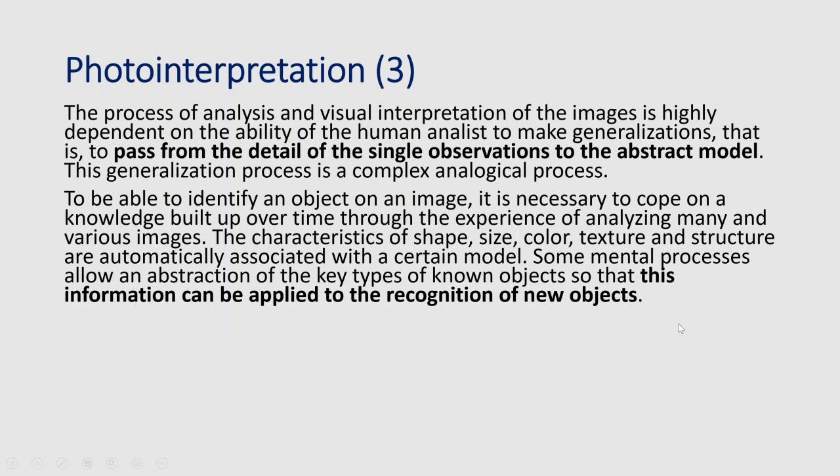So that means that, as we mentioned in lecture number 7, what is very important for the human observer is that we can gain a visual experience, especially when observing satellite images, and associating the concept that we are going to describe. Day by day and by experience, we can apply these processes in order to better recognize objects, and also to generalize this knowledge to other objects that we have never seen before.